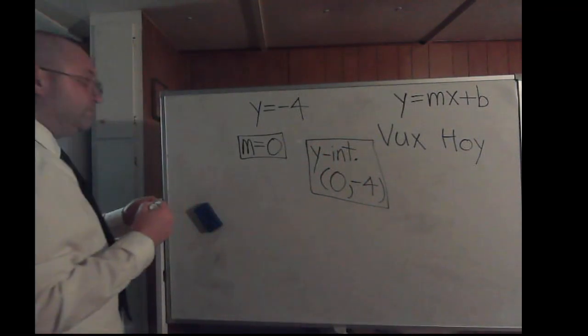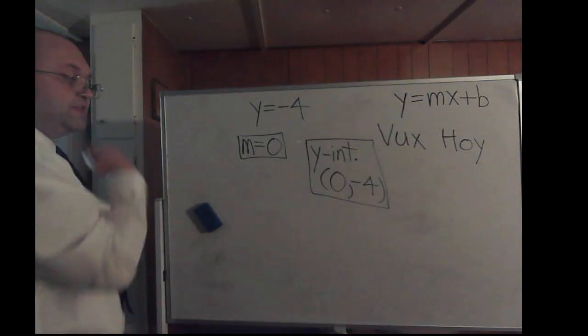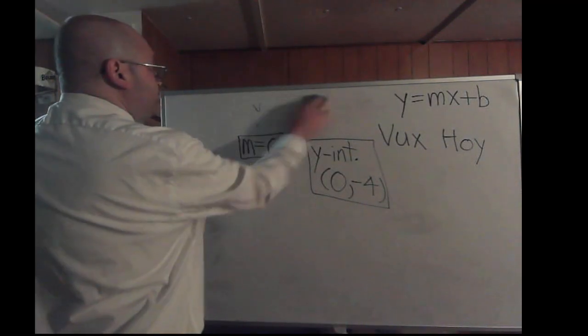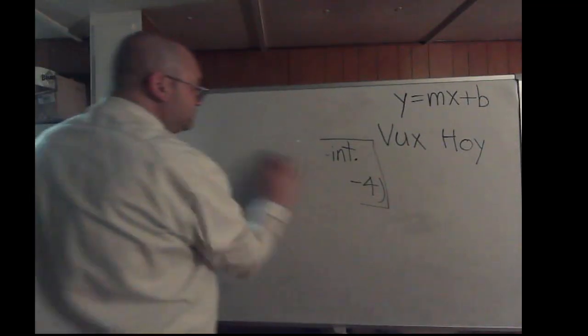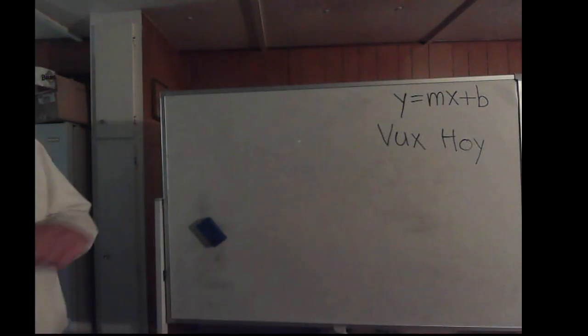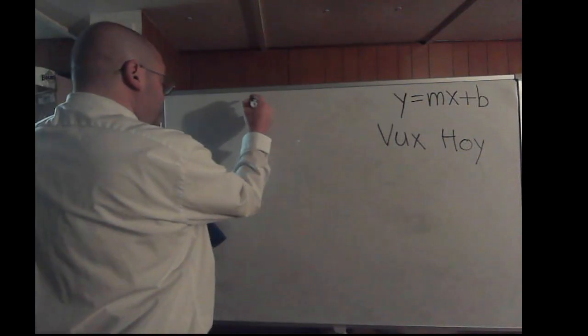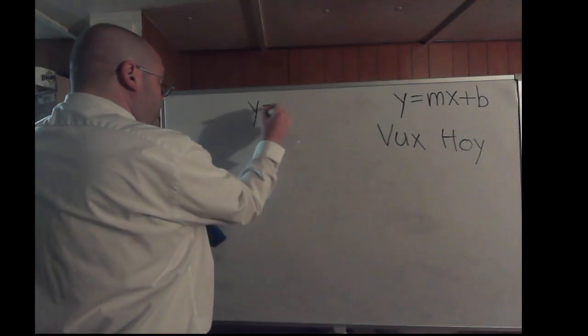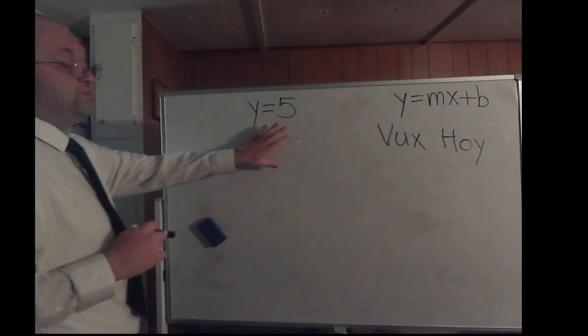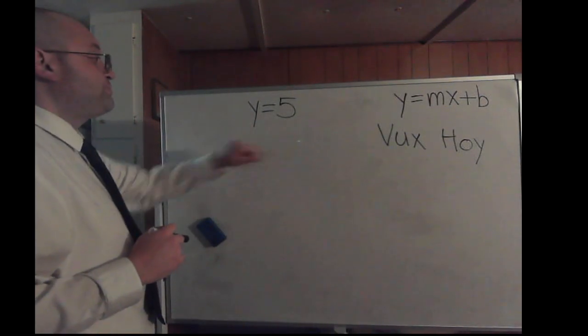Pretty easy, right? I think we'll actually do 3 more. There's a reason for this. Alright, how about y equals 5? So y equals positive 5.